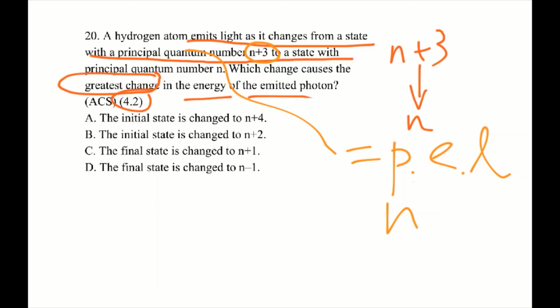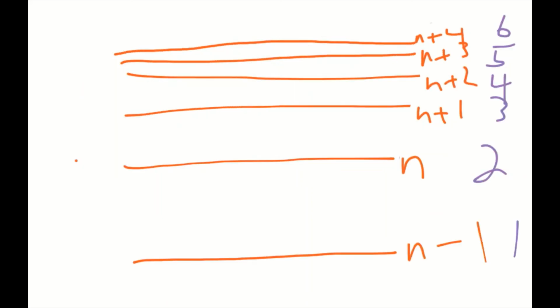So it says, which change causes the greatest change in the energy of the emitted photon? It's saying that at first you have a photon that's released when it goes from n plus 3 to n, and the amount of energy in that photon is equal to the energy level here minus the energy level here, and that would be the energy of the photon that's released.